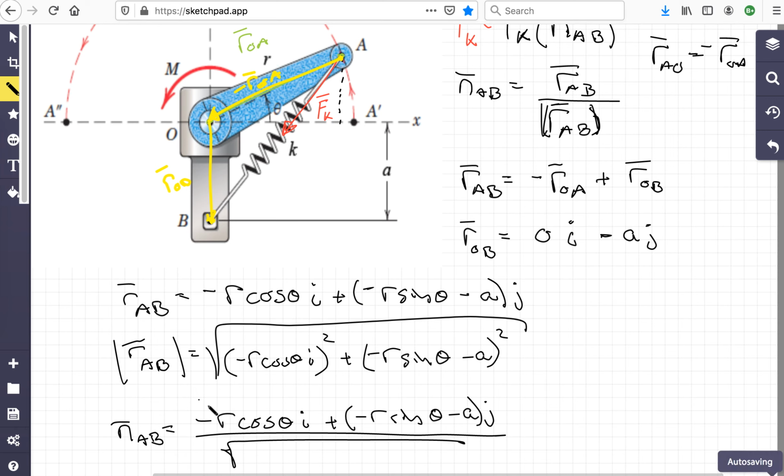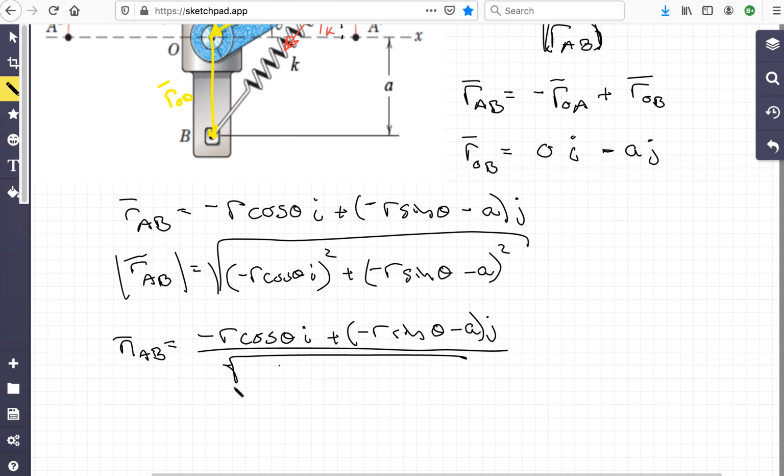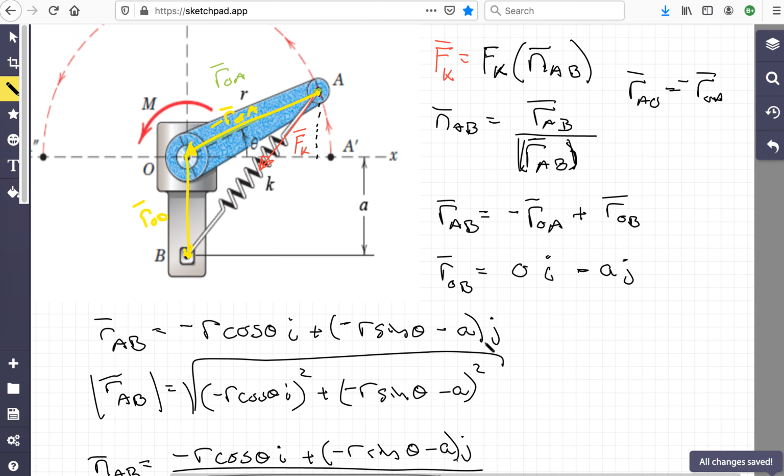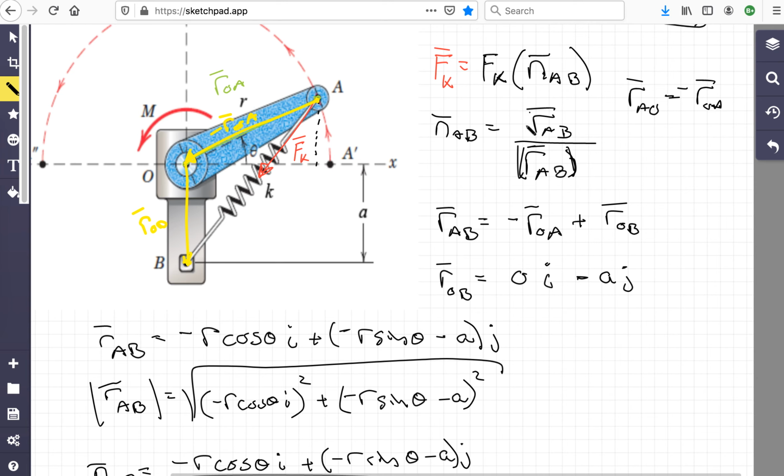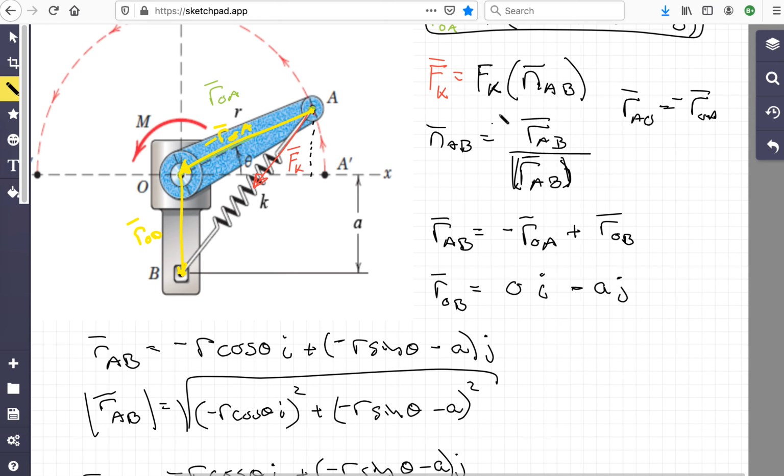And we'll just write it out for now, but you can call it whatever you need to. So r cosine of theta, and that's actually a negative, squared plus negative r sine of theta minus a, the square root. So that's how you can find out what this unit vector is.